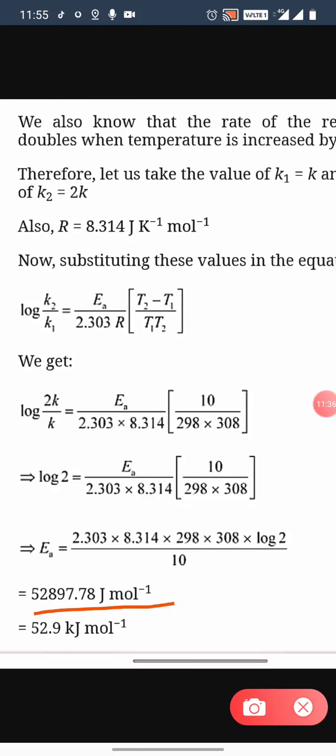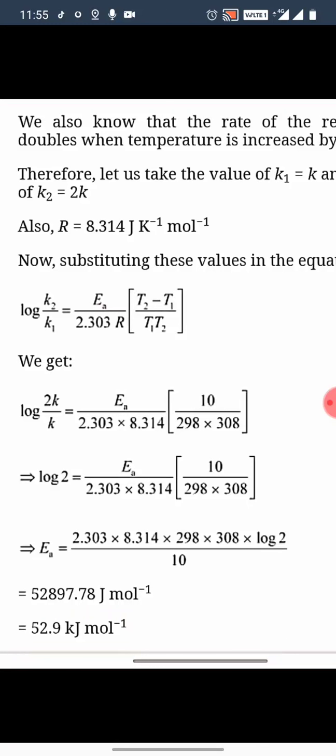The answer might vary a little from the answer given in NCERT. You can tally, and then in kilojoule you can write it as 52.9 kilojoule or directly 53 kilojoule per mole. So I hope this numerical is clear to you.